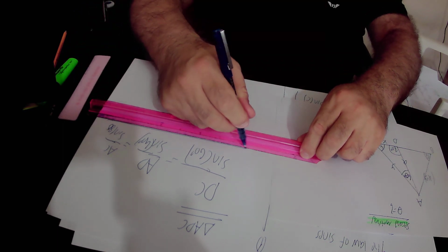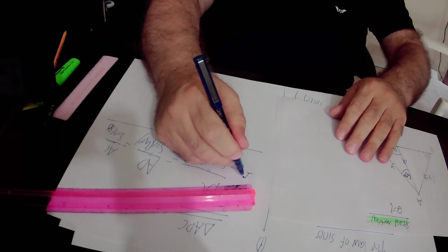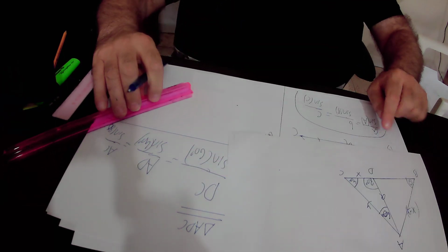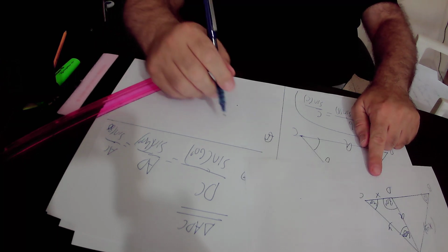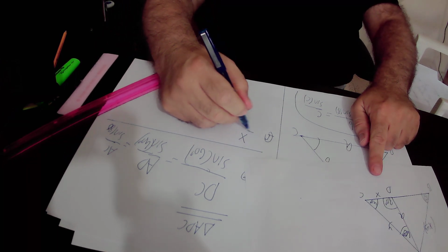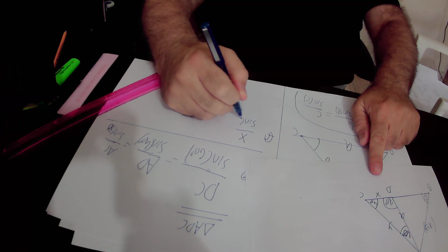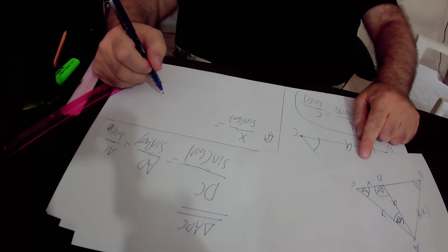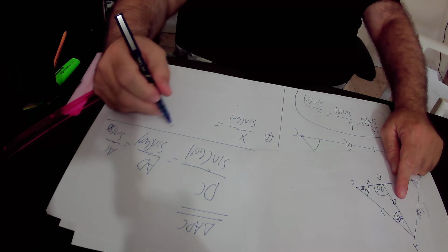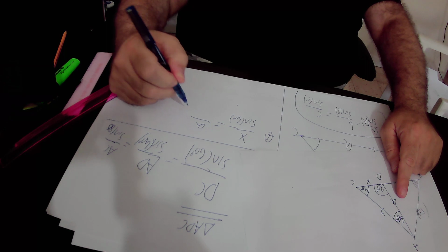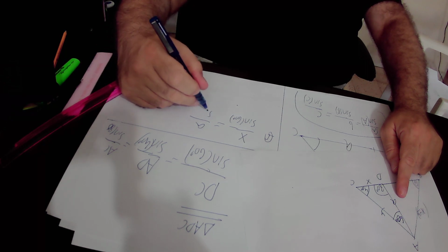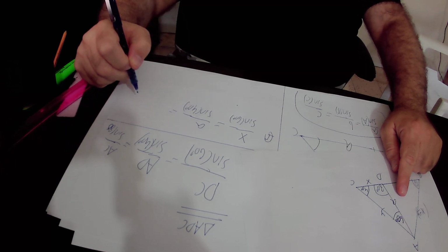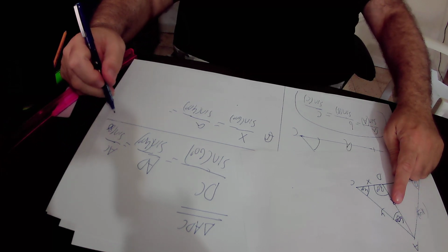So this is equation number 1. According to equation number 1, DC equals x, so we substitute DC by x over sine 60 degrees, equals AD, which is a, so we substitute AD by a over sine 40 degrees, and it is equal to AC over sine 80 degrees.